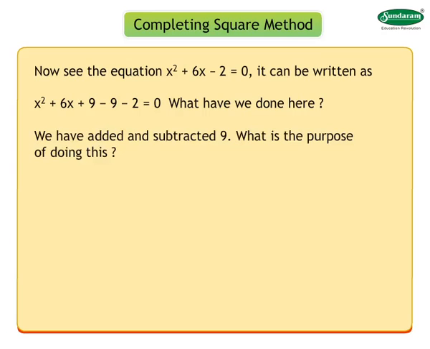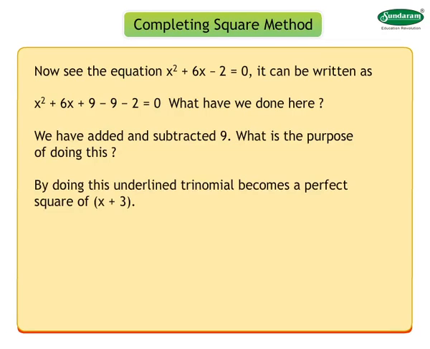What is the purpose of doing this? By doing this, the underlying trinomial becomes a perfect square of (x plus 3). So, we get (x plus 3) whole square minus 11 is equal to 0. Means (x plus 3) square minus (root 11) square is equal to 0.